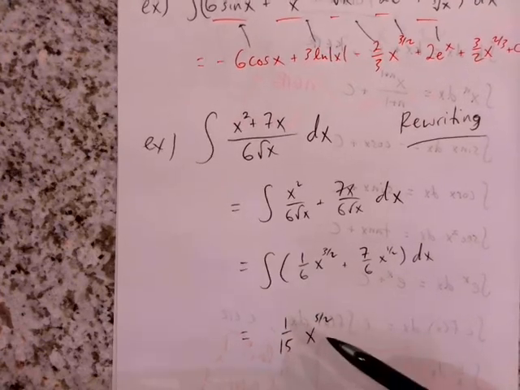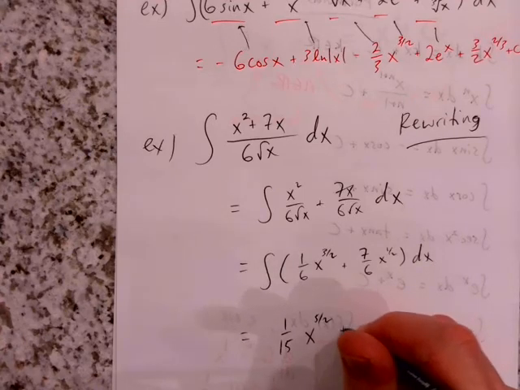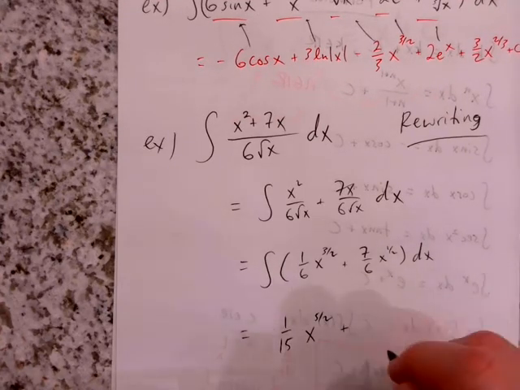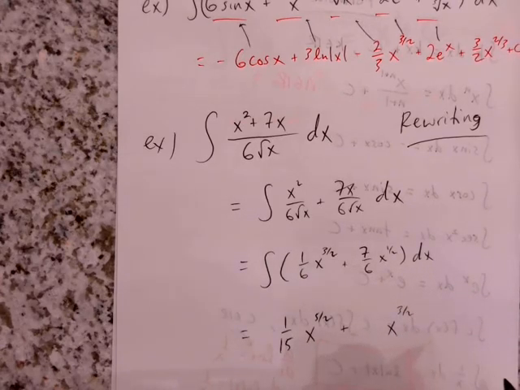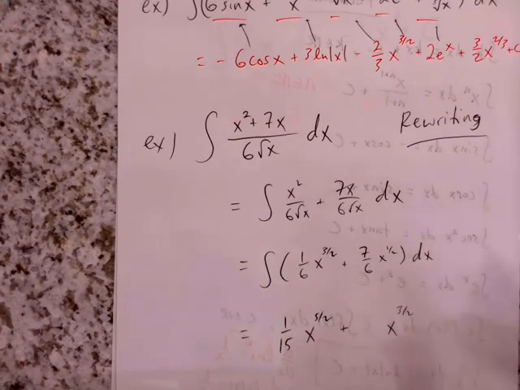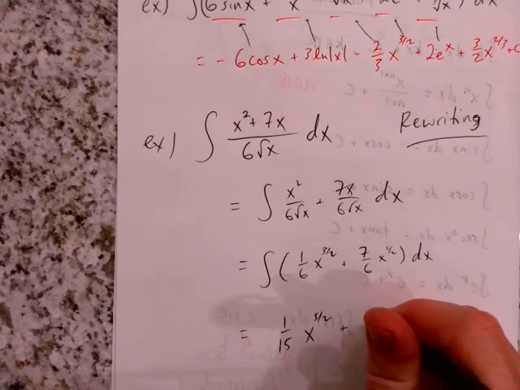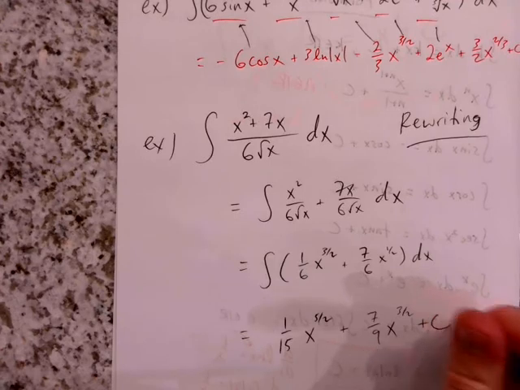So again, add 1 to the exponent, divide by the exponent. Plus, add 1 to the exponent, x to the 3/2. Divide by 3/2 is times 2/3. 2/3 times 7 over 6, that's 14/18, 7/9. And don't forget that plus c.